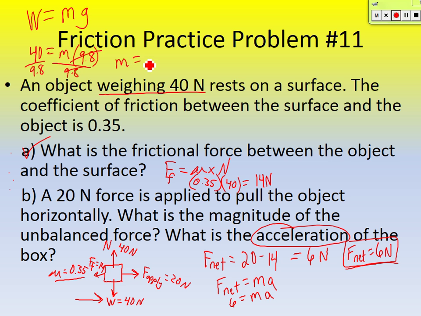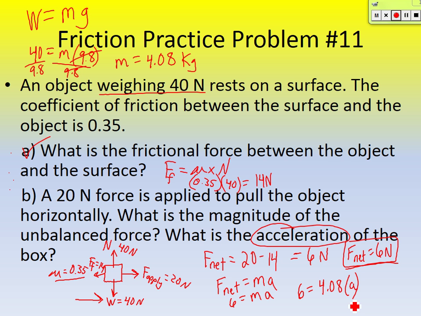Okay, mass is equal to 4.08. 4.08 what? kgs. Good. Mass is always measured in kilograms. So now we can plug that in for m down here. So 6 is equal to 4.08 times a. Now, how do I solve for the acceleration?